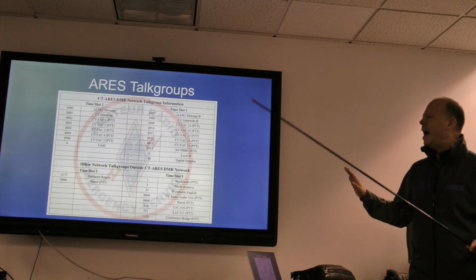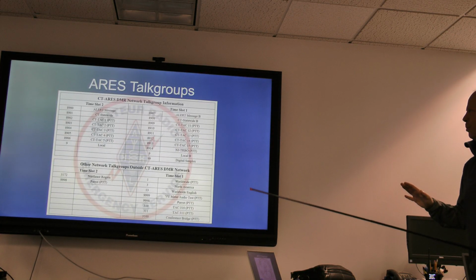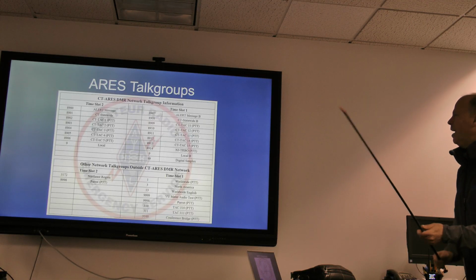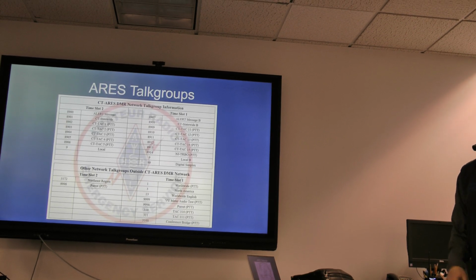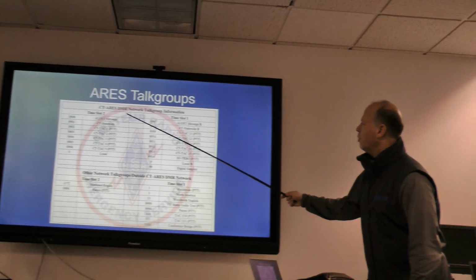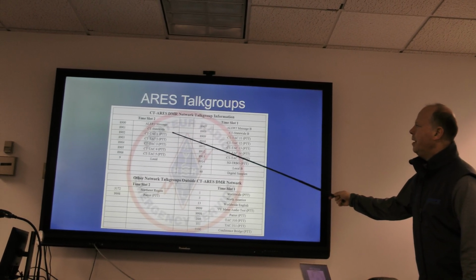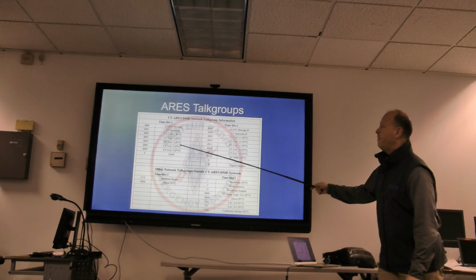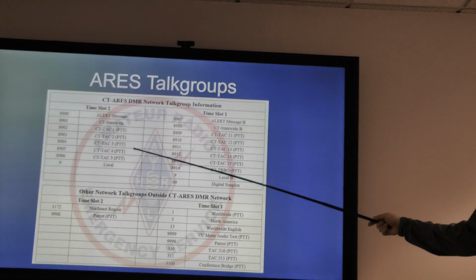This is how the Connecticut ARES talk groups are set up. I'm going to come back to this later, but first we have the talk groups Connecticut statewide, then TAC 1 to TAC 5, which are for regions 1 through 5.